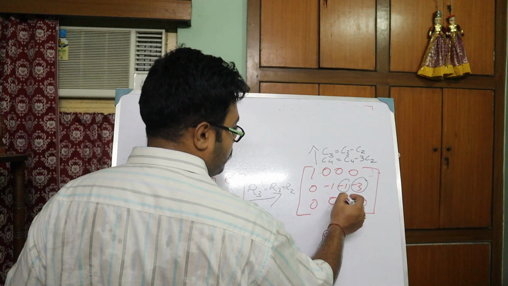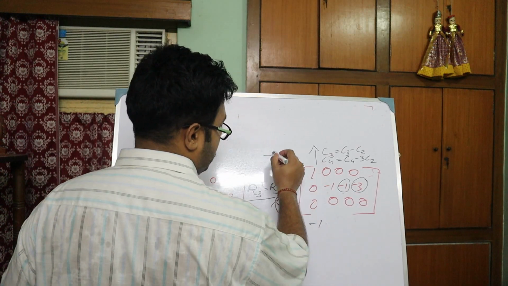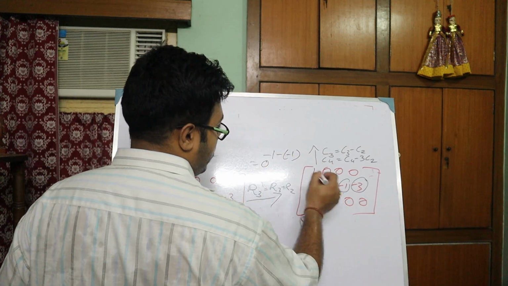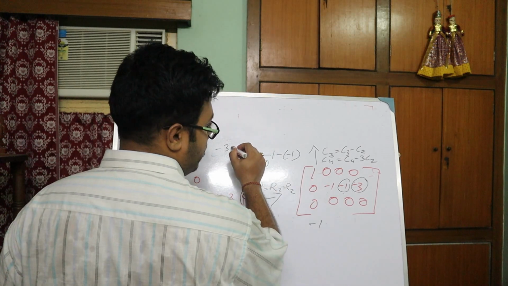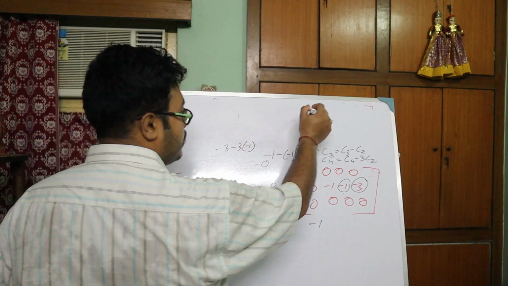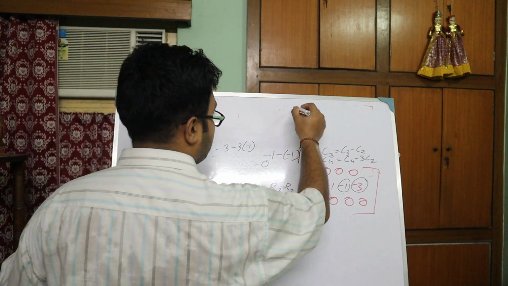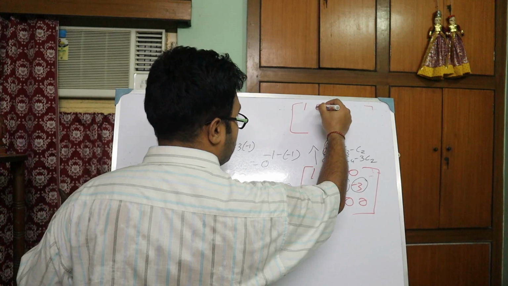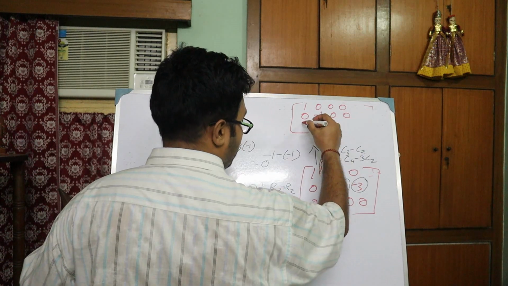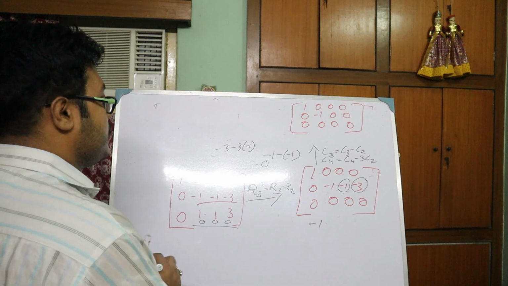This is C2, so minus 1 into minus 1, minus minus 1, we will get 0. Again minus 3 into minus 1, so we will also get 0. So the new matrix we get is 1 0 0 0, 0 minus 1 0 0, 0 0 0 0.